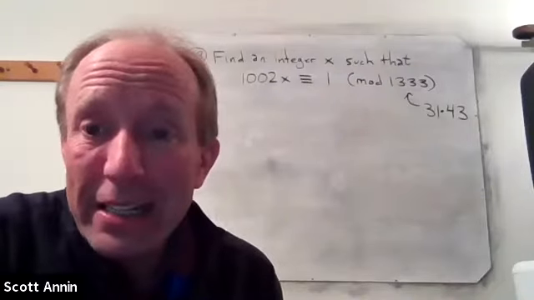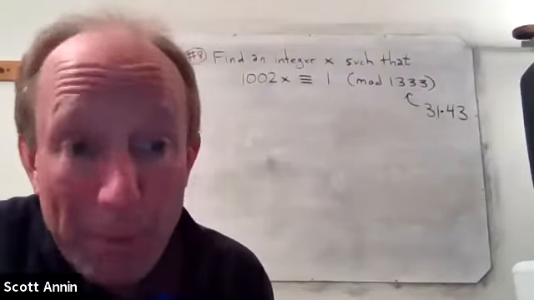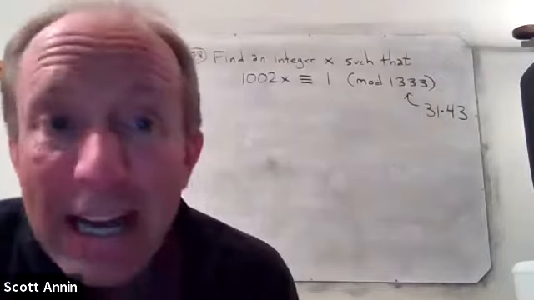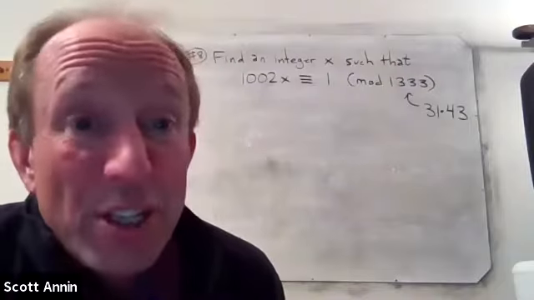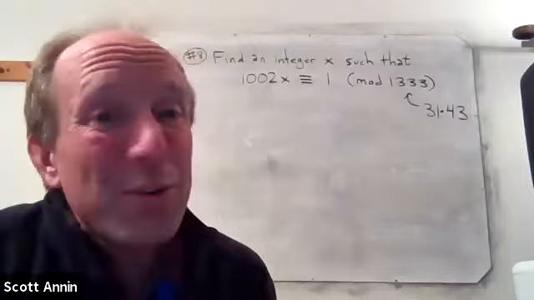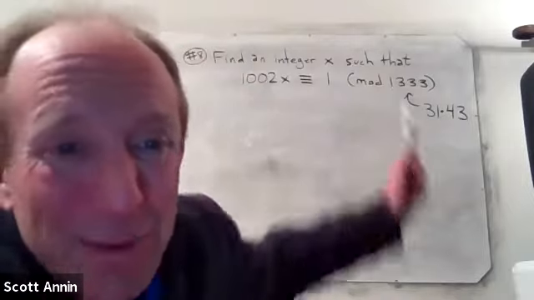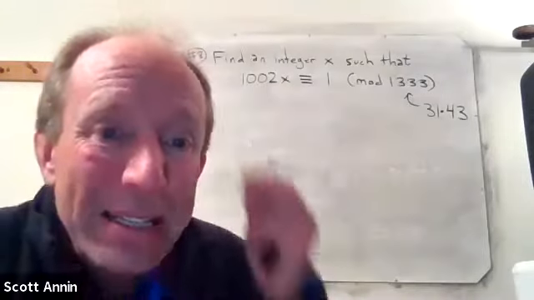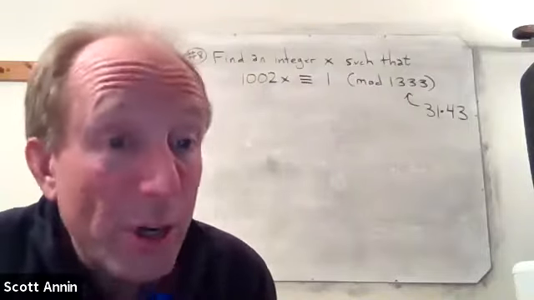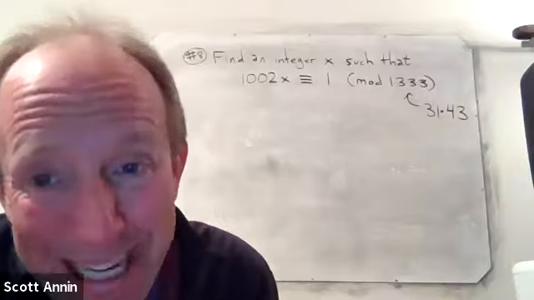Brianna's got an idea in the chat, which is to use the separate mods, the mod 31 and the mod 43. Guys, as a general rule of thumb, the smaller the mods, the better. So I don't really like having mod 1333 here. Instead, what we can try to do is work with mod 31 and mod 43 separately.